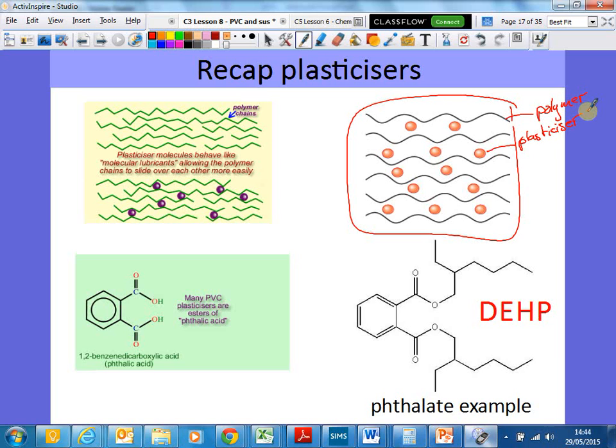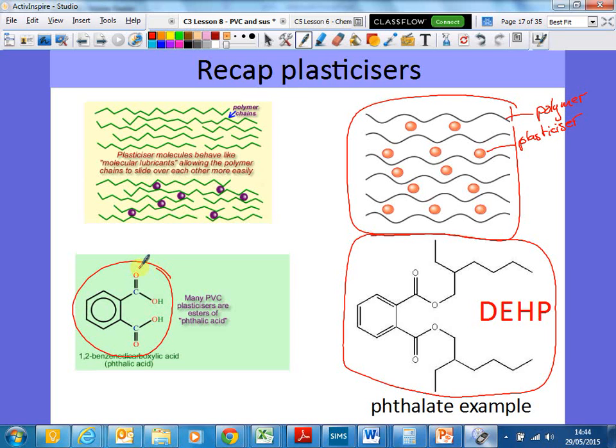And those plasticizers look something similar to here, and this is a phthalate ester. Phthalate or phthalic acid is drawn here, and most of the plasticizers we have are derivatives of phthalic acid.